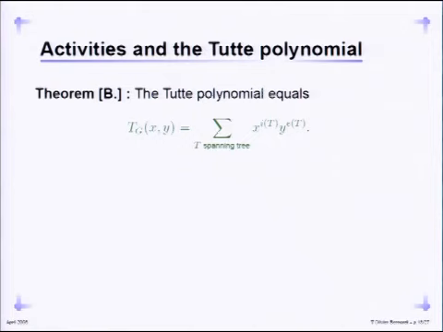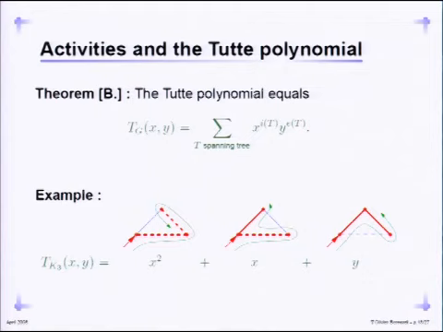Right, so Penrose would be only external activity, but on a special class of tree.